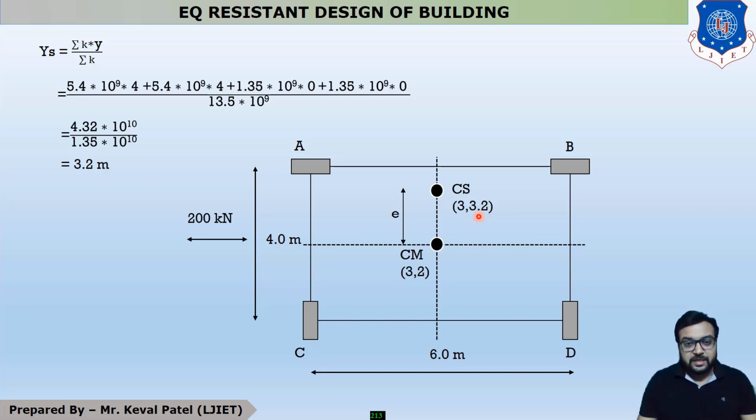We already discussed in the introductory section of this topic that the distance between the center of mass and the center of stiffness is called static eccentricity. This distance is denoted by small e. Whenever the load is acting at the center point but the resistance is distributed over here, some moment will be generated. The load acts at this point and the resistance is at that point, so there will be an anti-clockwise moment.